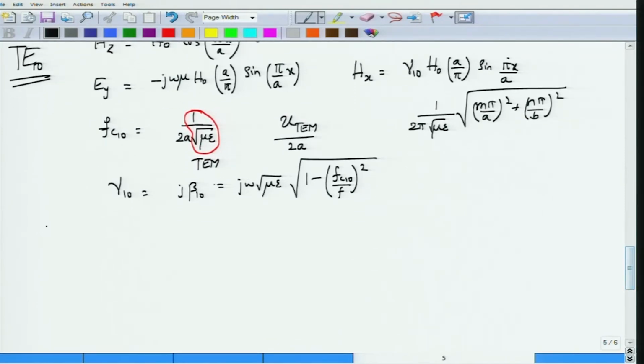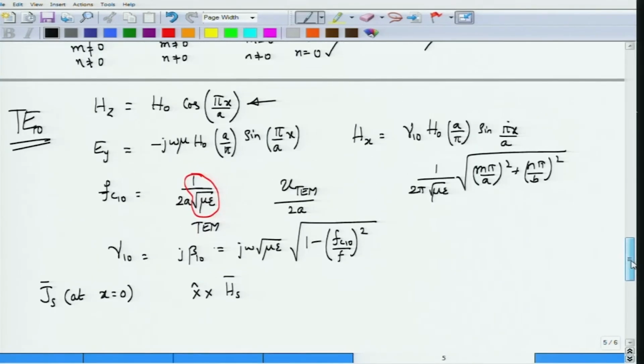The last thing that I would like to write down is the expression for the surface currents at the walls. Again, as before, I will write down the surface current at x equal to 0, and in this case it would be x hat cross h evaluated at the surface. Now what are the h components? H components are x as well as z, right. So for the x equal to 0 wall, x cross x will go to 0, but x cross z will give you a current along minus y direction, right.